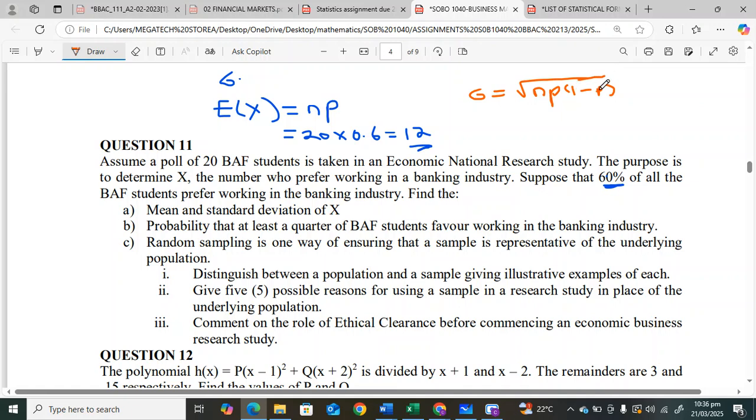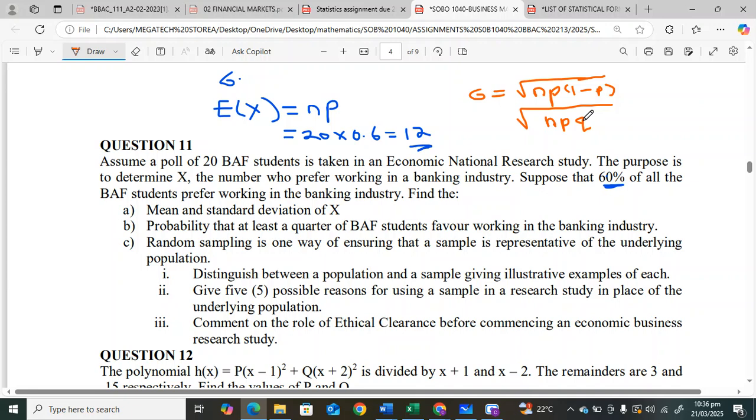Sometimes this 1 minus p is represented as q, so we have n p q. n is the number of students we are conducting this test on. p is the probability that the student prefers working in the banking industry, which is 60%. q is the probability that the student doesn't prefer working in the banking industry.